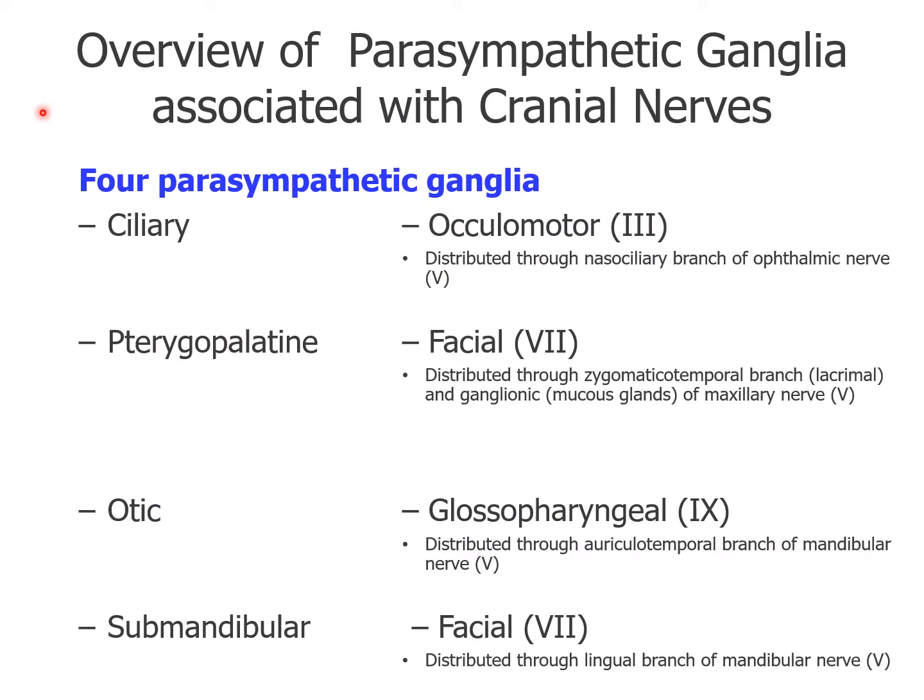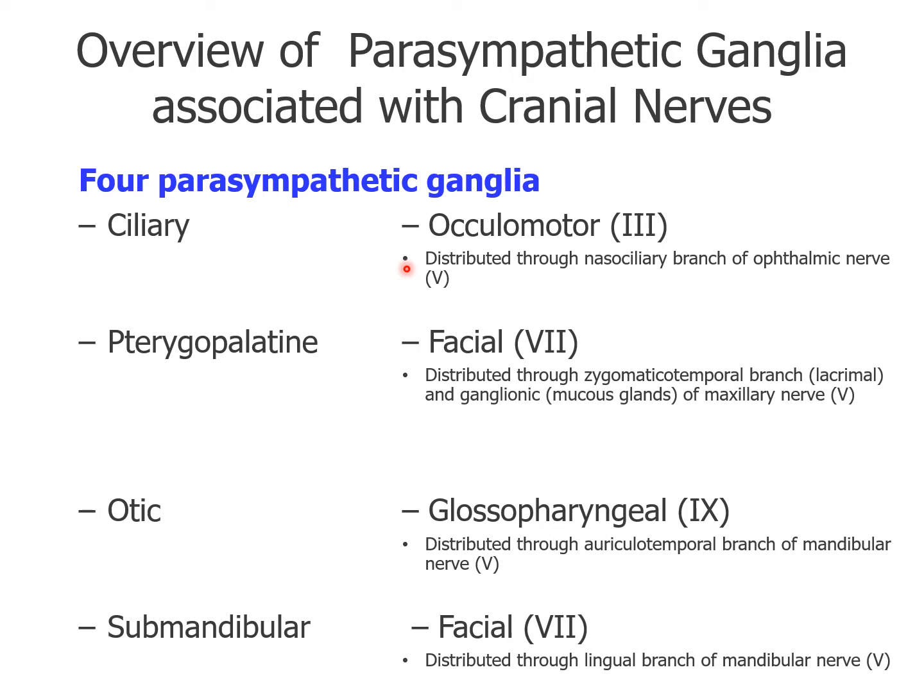At this point, we shall have a brief overview of the parasympathetic ganglia associated with the cranial nerves. There are four parasympathetic ganglia which are associated with the cranial nerves, and it is customary to describe these ganglia with reference to their parasympathetic root, their sympathetic root, as well as their sensory root.